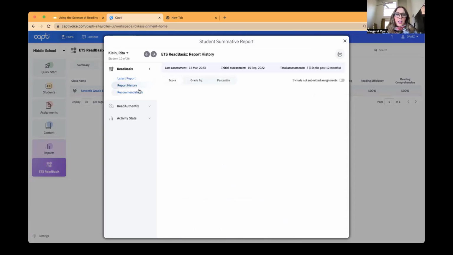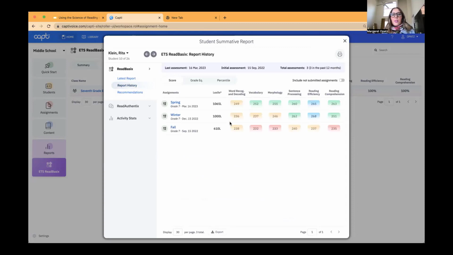Then we also have report history. And this just shows the students' scores from the administrations of Read Basics that they've completed. So the student completed one in the fall, winter, and spring. And because we're focused on vocabulary and morphology today, this student is a really clear case of how important it is to really focus on vocabulary and morphology, because she started her 7th grade year at that weak performance level.